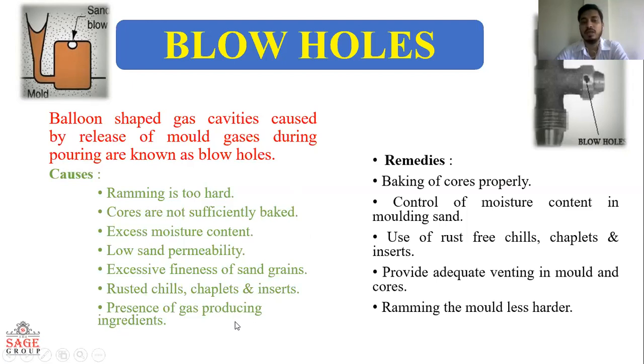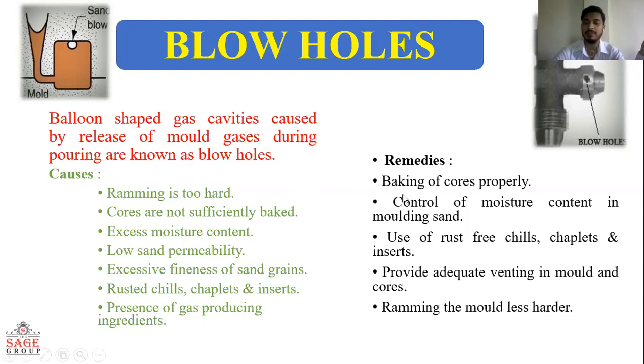When the ramming is too hard, that is the main cause of blowholes, because the gas is not removed properly, right? The gases have no way to escape from the mold cavity, right?